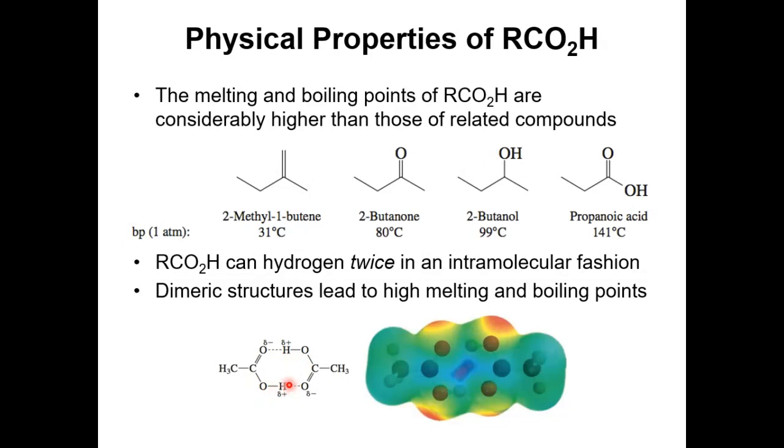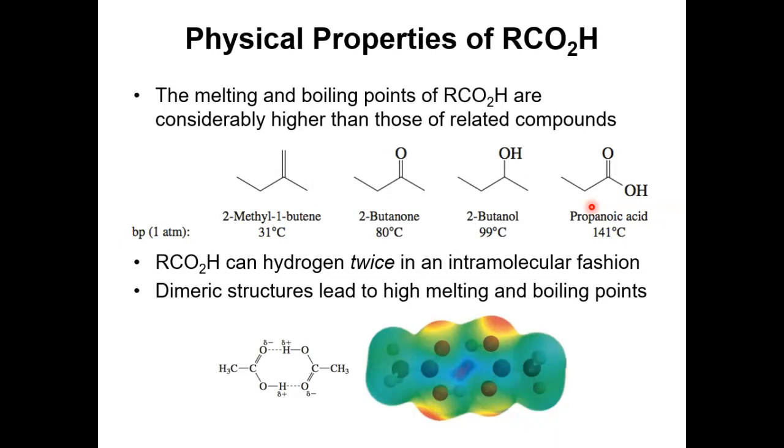This hydrogen bond is so strong that even if you heat propionic acid to its vapor state, most molecules remain as hydrogen-bonded dimers. Even in the gaseous state, in vapor, most of the propionic acid still remains as dimers. So what's the net effect?